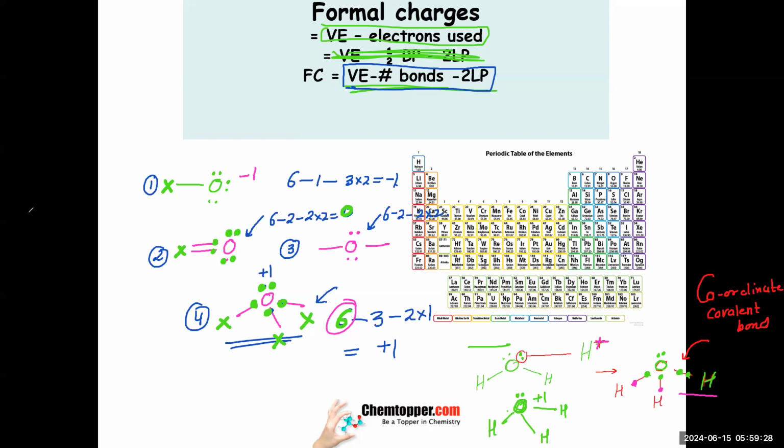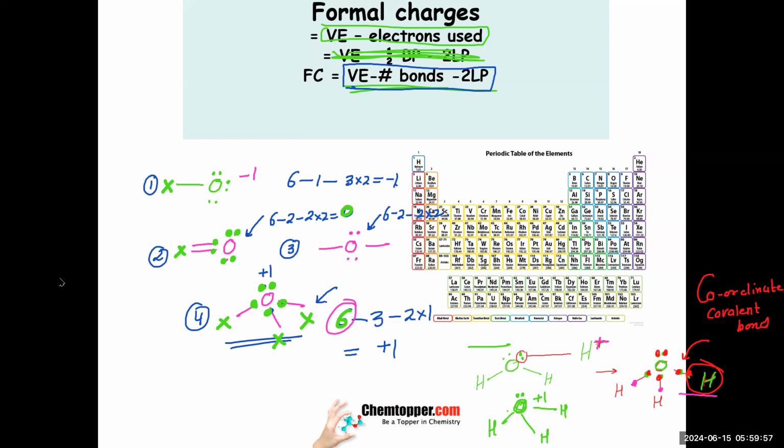Now it appears that hydrogen has given this electron, though it has not given. Electrons are given by oxygen. So oxygen is using its electrons, the ones which are here, which you can say have come from oxygen only, 5. But actually all the 6 electrons are used, but now this electron appears to be from hydrogen. Okay, so we have understood these formal charges.